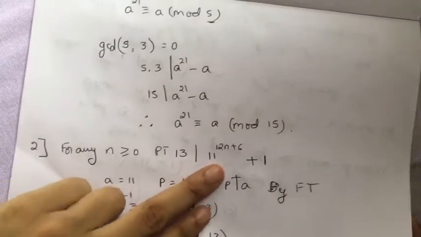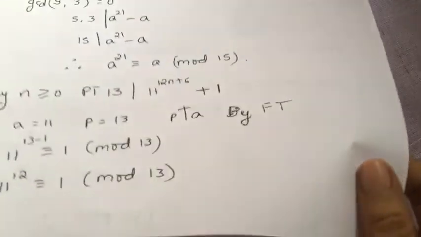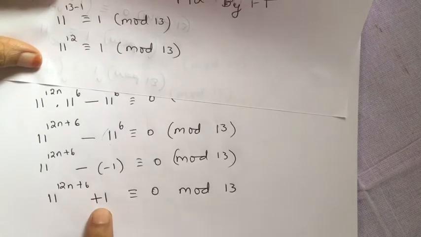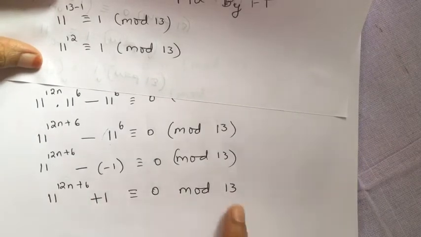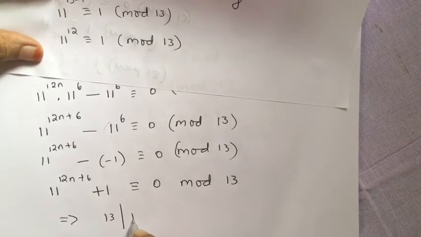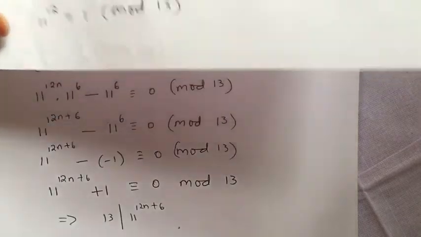That is what we have to prove: 11 power 12n plus 6 plus 1 is divisible by 13. The same thing we got, 11 power 12n plus 6 plus 1 is congruent to 0 mod 13. So it means 13 divides 11 power 12n plus 6 plus 1.